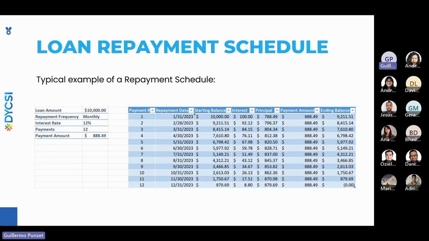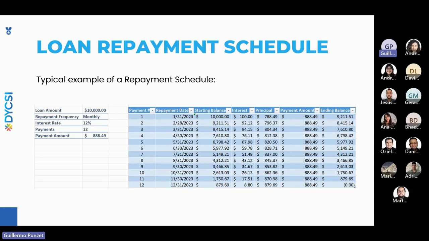And you can see you have your starting balance, your interest calculation, your principal calculation, and your ending balance, right? So this repayment schedule is pretty much the genesis of the loan. It's your first contact when first searching and comparing for loans, and when you actually take a loan, it's also your reference on how the loan should be repaid, right?